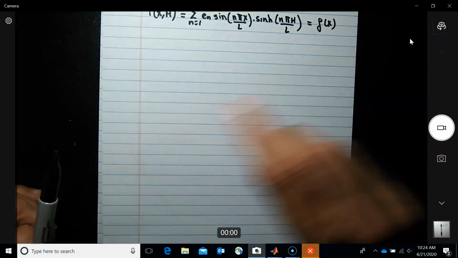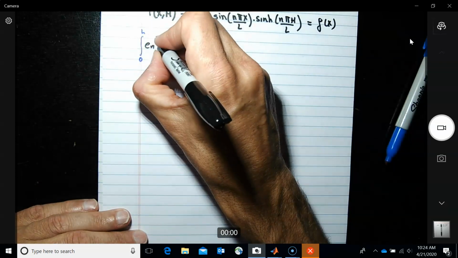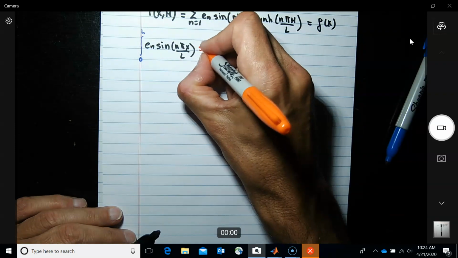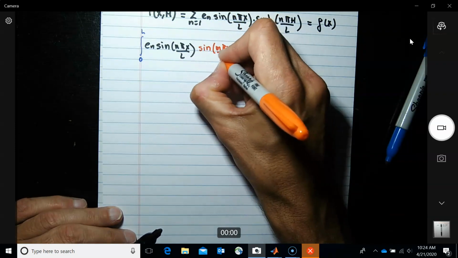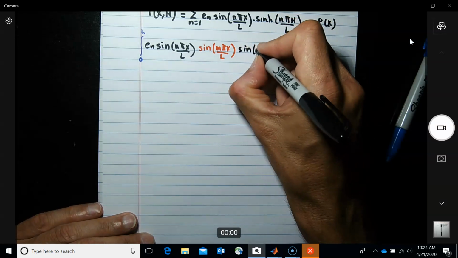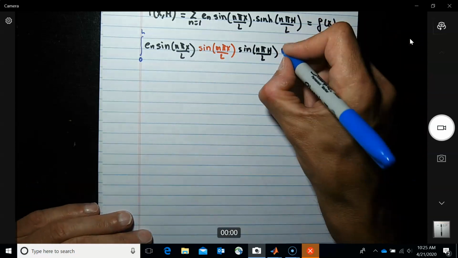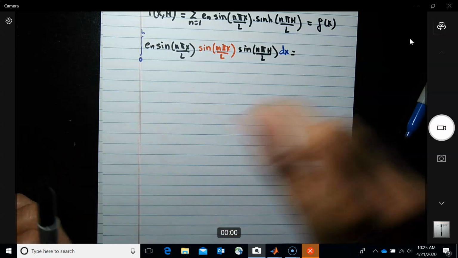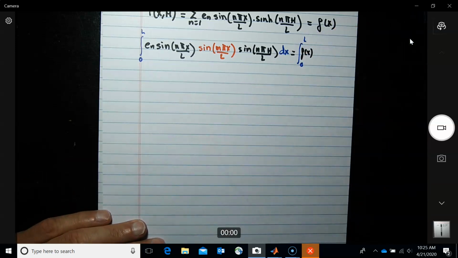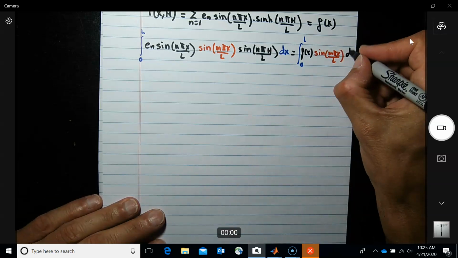So what we do over here is that we're going to have the integral 0 to L of E sub n sine n pi x over L, times, using the sine n pi x over L, the sinh n pi h over L, but this is a constant, dx, equal to the integral 0 to L of f(x) sine n pi x over L dx.